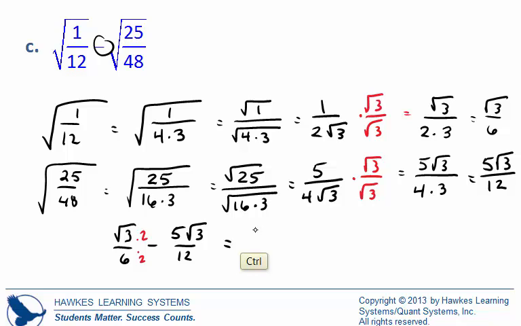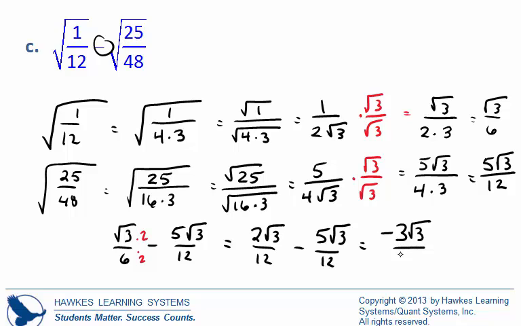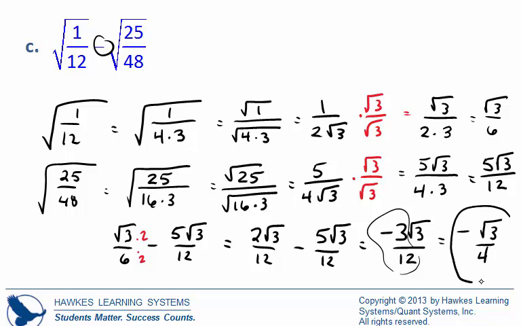So our first expression becomes 2 on the square root of 3 over 12 minus 5 on the square root of 3 over 12. And when we subtract, 2 minus 5 is negative 3 on the square root of 3 over 12, which we can finally reduce to negative 1/4. And then we'll have our square root of 3. And so that is the answer to that problem.